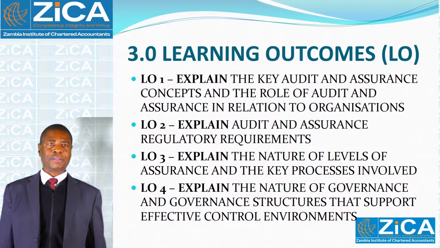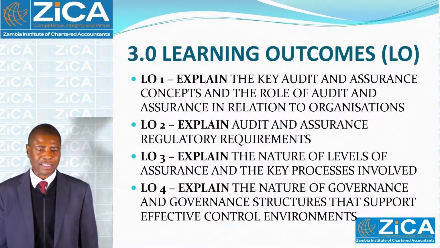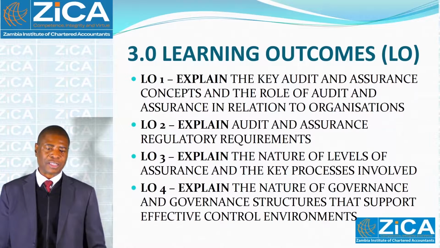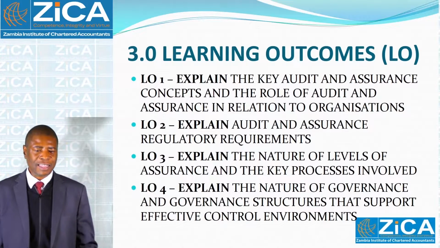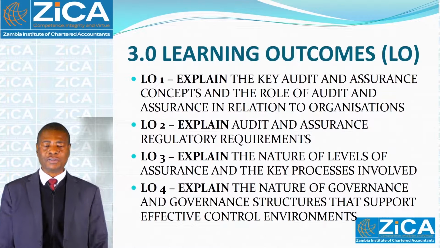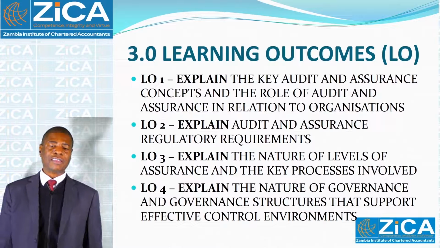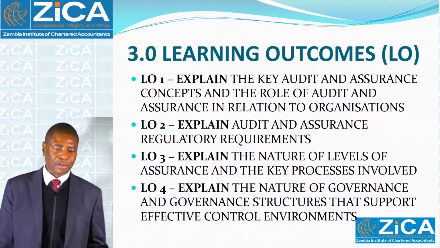The learning outcomes for CA 2.3 are very critical. What you notice is the command word used is explain in most of the outcomes. Explain, explain, explain. Like the first learning outcome: explain the key audit and assurance concepts and the role of audit and assurance in relation to organizations. The other one is explain audit, assurance, and regulatory framework.